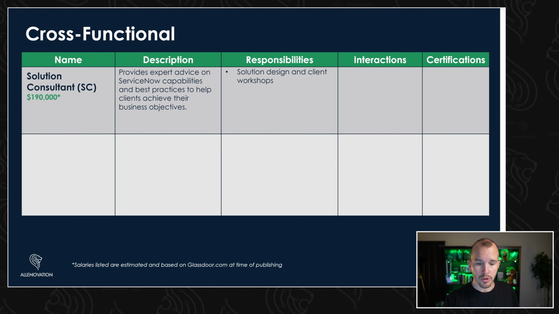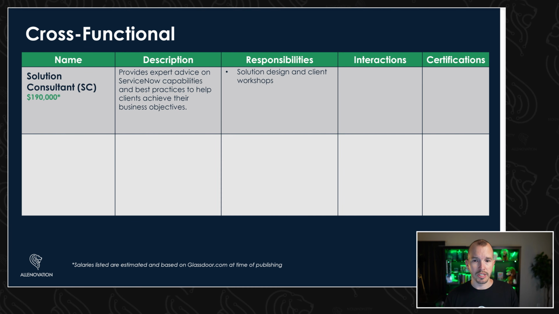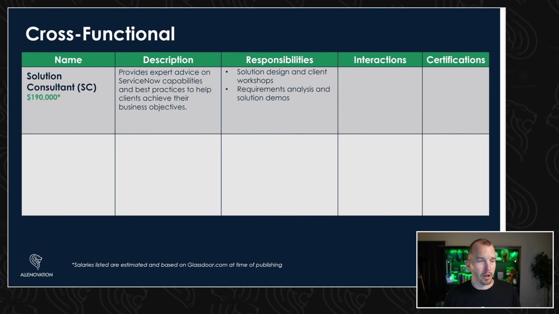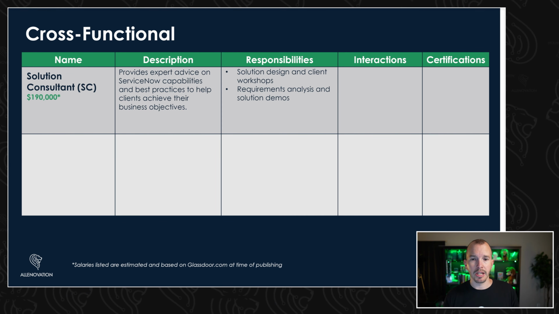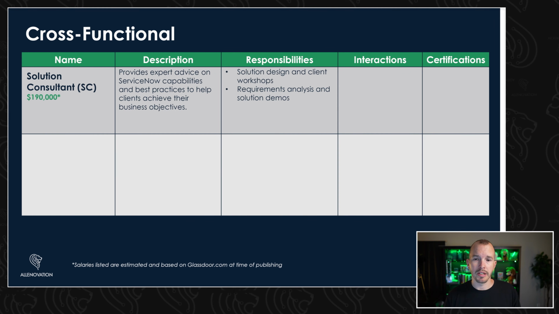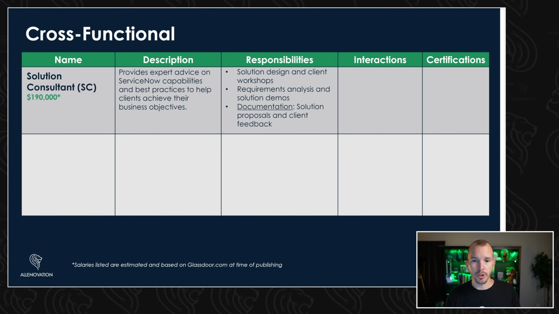And they're really going to work on design and workshops. So you're going to see them come in and talk over design and client workshops. This may be before the project actually kicks off. Maybe they do the first session or two. They're also going to be conducting requirements analysis and solution demos.